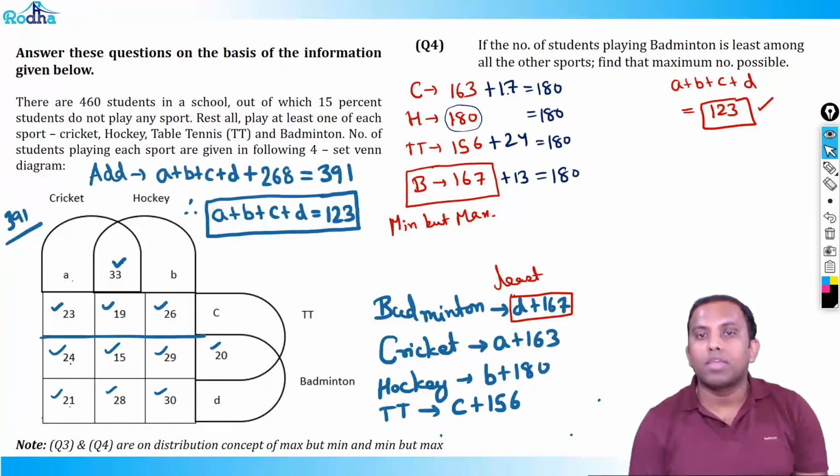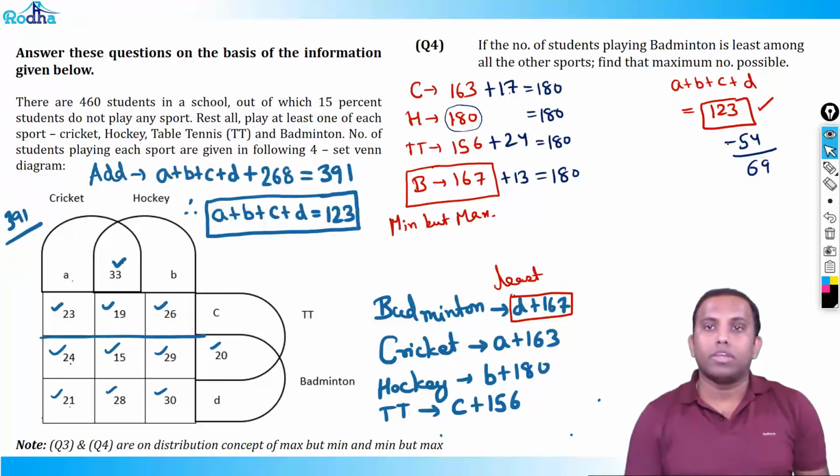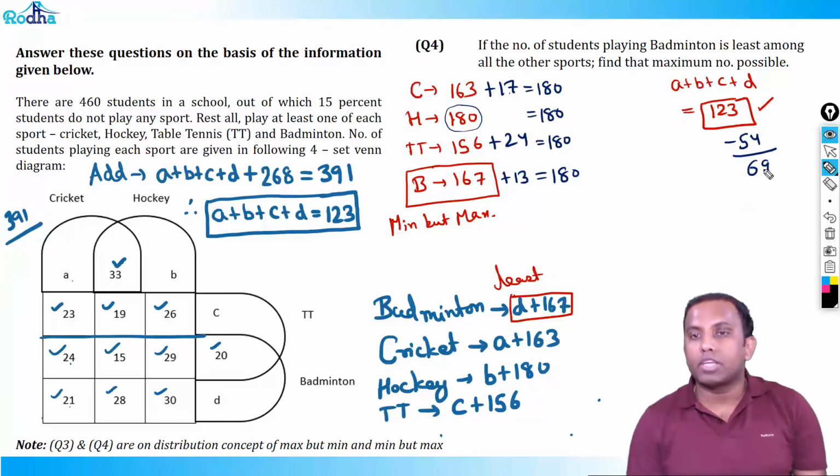How many am I left with? 17 plus 24 is 41, plus 13 is 54. 123 minus 54, I'm left with 69. Now, just a small precaution here compared to the last step. If 69 is to be divided equally among 4 people, 69 by 4 is 17.